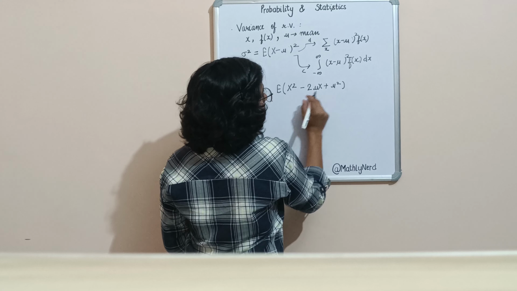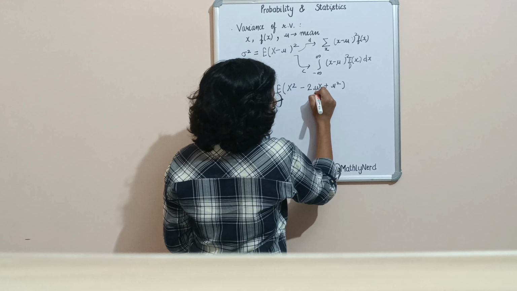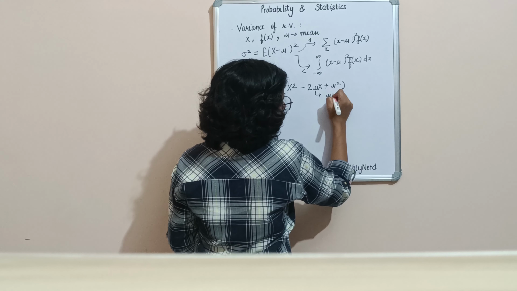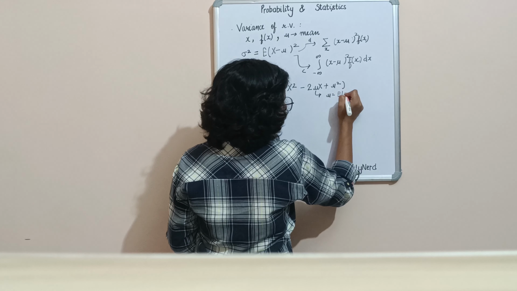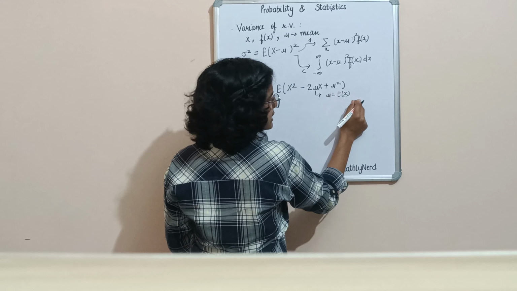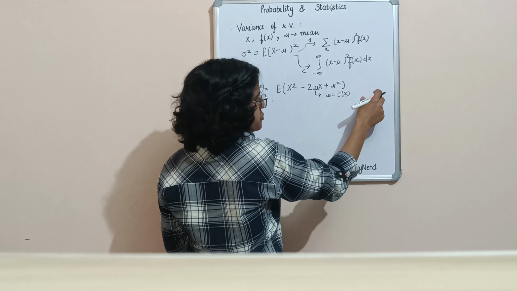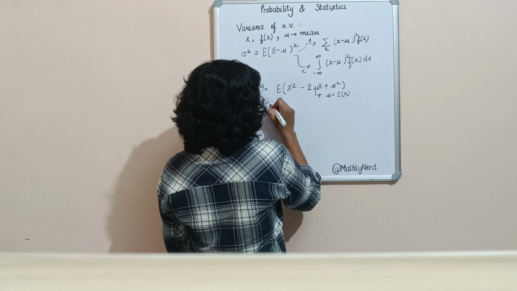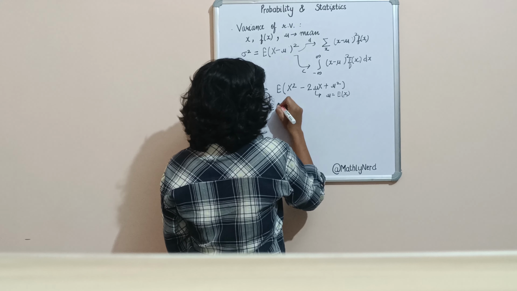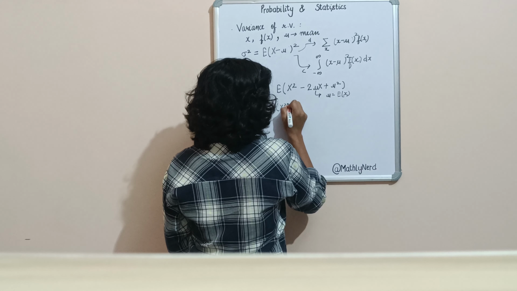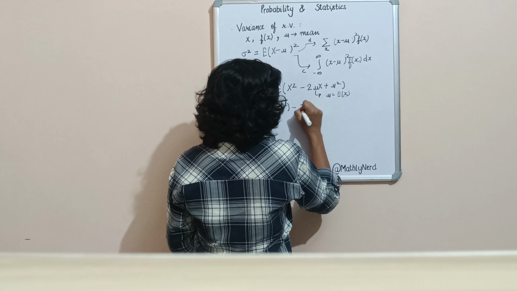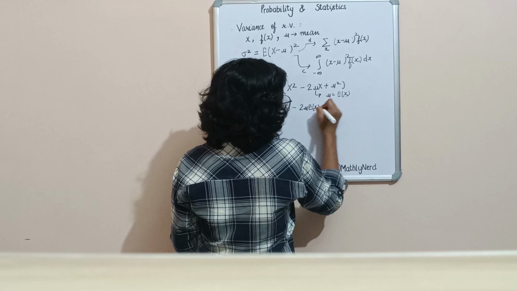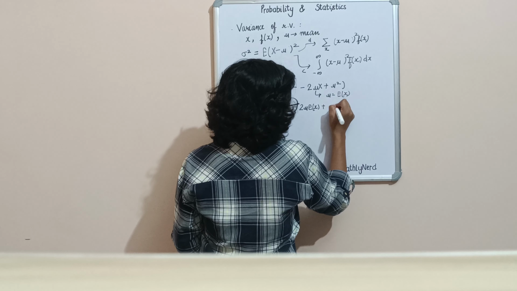Now we know that mu equals E of x, because it is the mean and mean equals expectation of that random variable. If we open this, this will be equal to E of x square minus 2 mu E of x plus mu square.